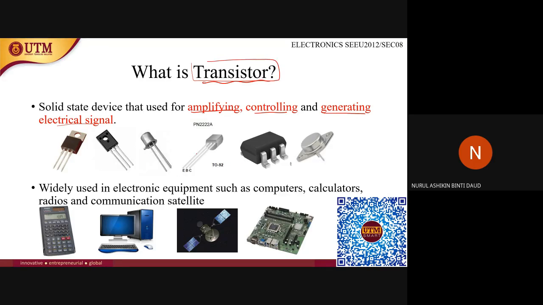These are example images of transistors that can be found in any circuit board. They are widely used in electronic equipment such as computers, calculators, radios, communication satellites, and also in your computer motherboard. If you open your computer motherboard, you can find a lot of transistors inside. This is just a little bit of background on transistors.